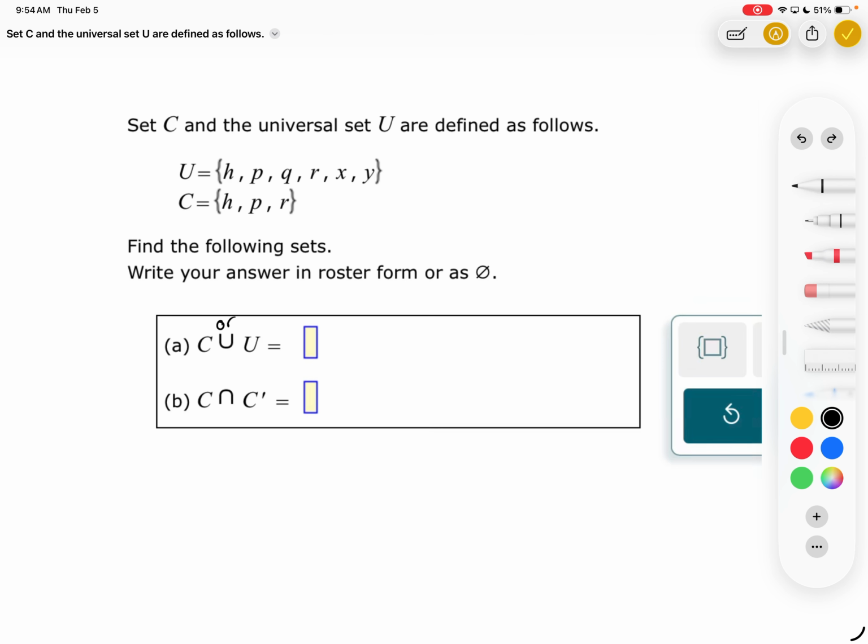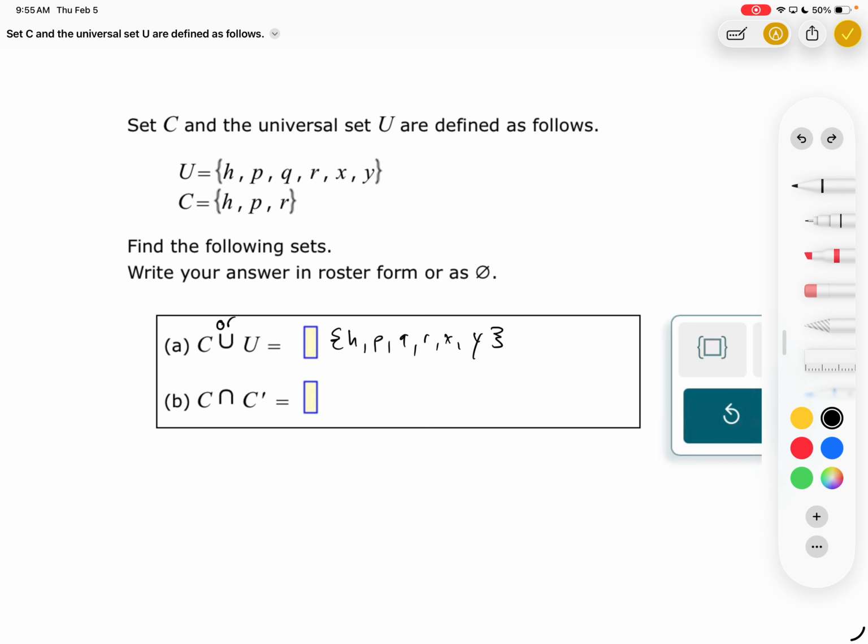It ends up just being the universal set, because I know all of these are in there. Does that make sense? So C union the universal is all the universal stuff.